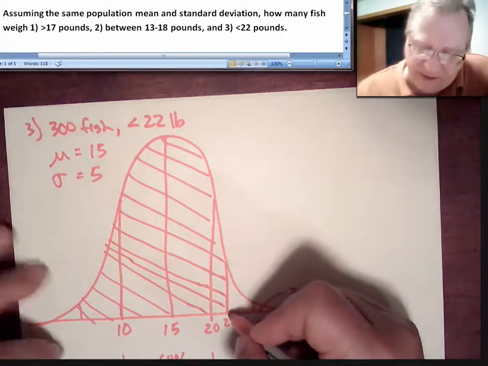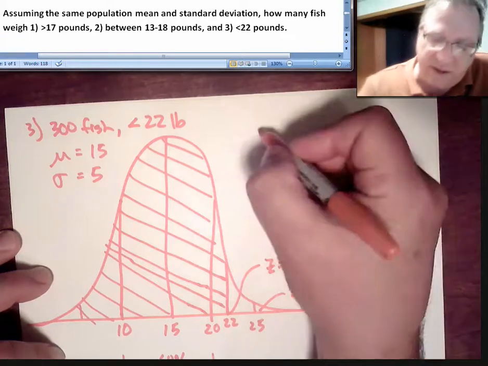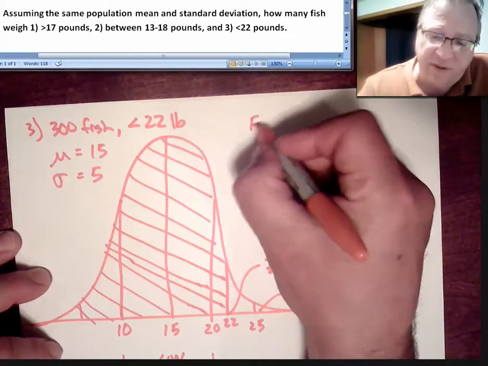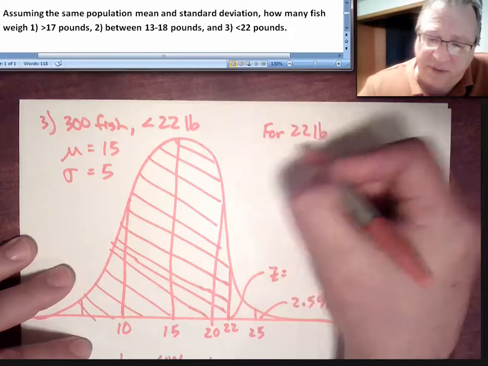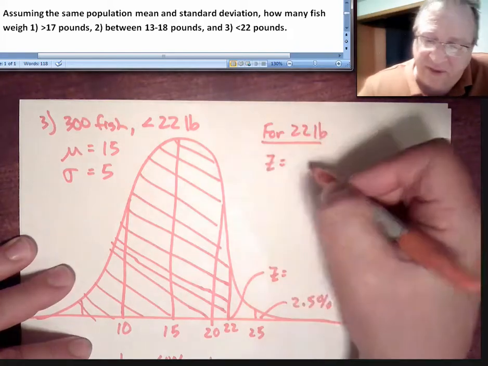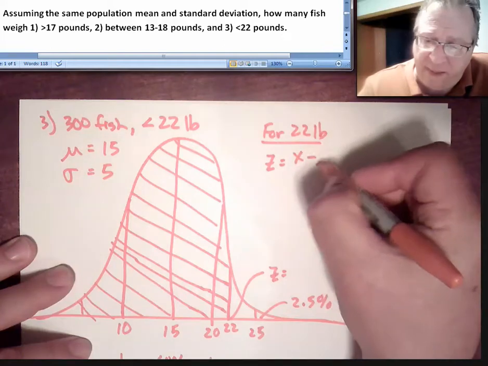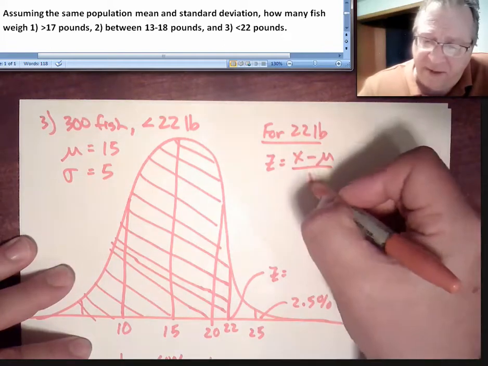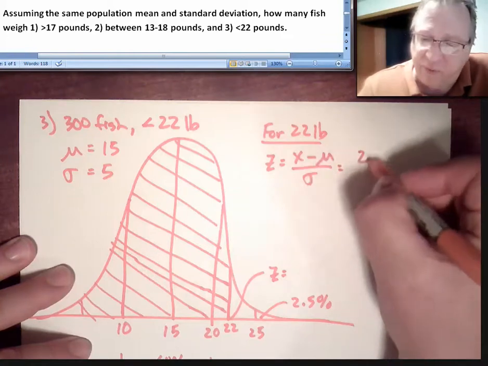Well, let's calculate a z-score for that spot, for 22 pounds. Z is equal to the value minus the mean divided by the standard deviation. Our x value is 22.